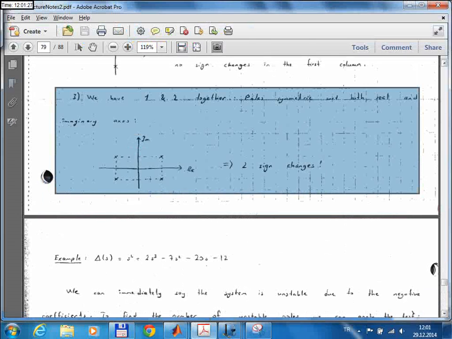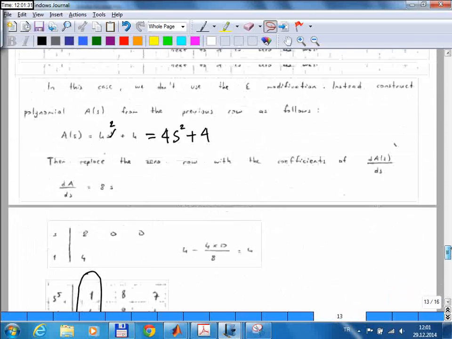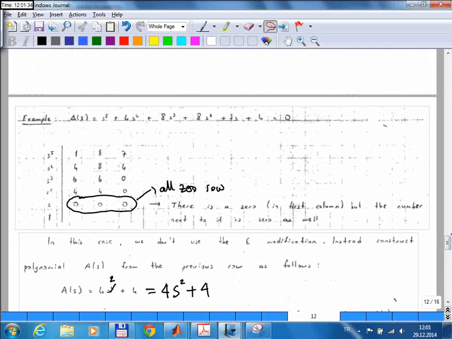In fact, if we just check the poles, we should see that. Let me do that for you. So that was the polynomial.